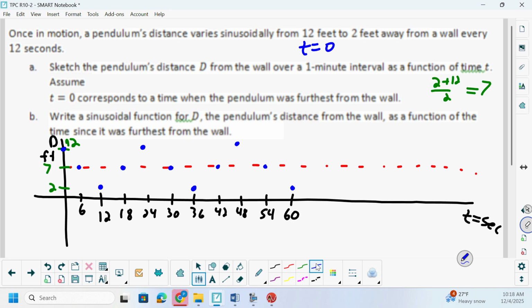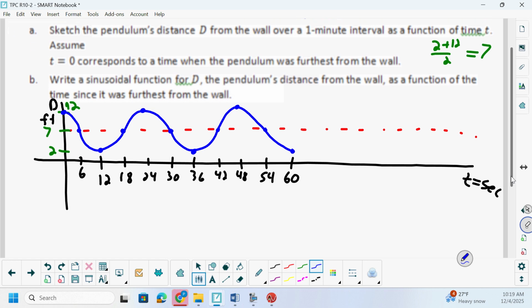And now we'll sketch that in with a nice smooth curve. And that gives us a visual representation of how far the pendulum is from the wall at any time since the start of our scenario.